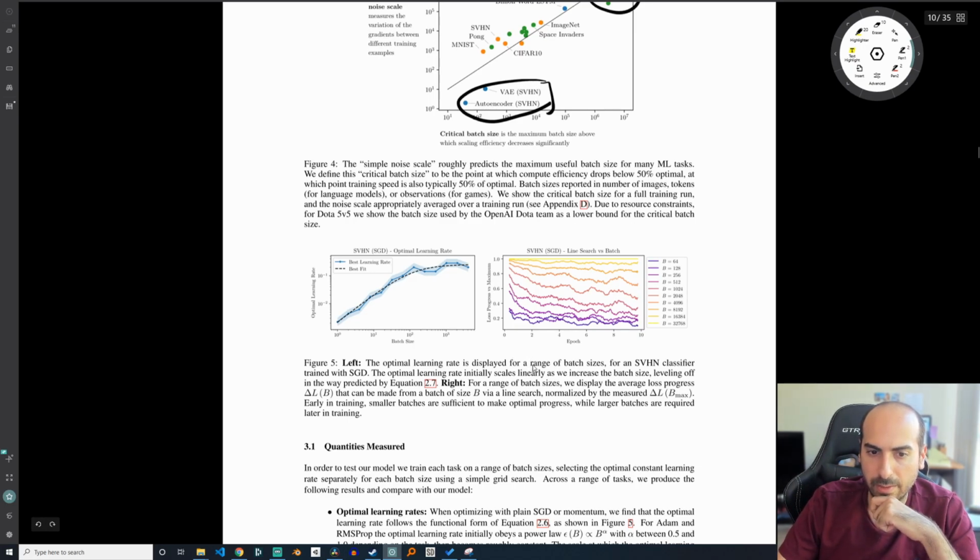So the optimal learning rate is displayed for a range of batch sizes. For an SVHN classifier trained at HGD, the optimal learning rate initially scales linearly as we increase the batch sizes, leveling off in the way we predict behavior. Optimal learning rate. Best learning rate, best fit.